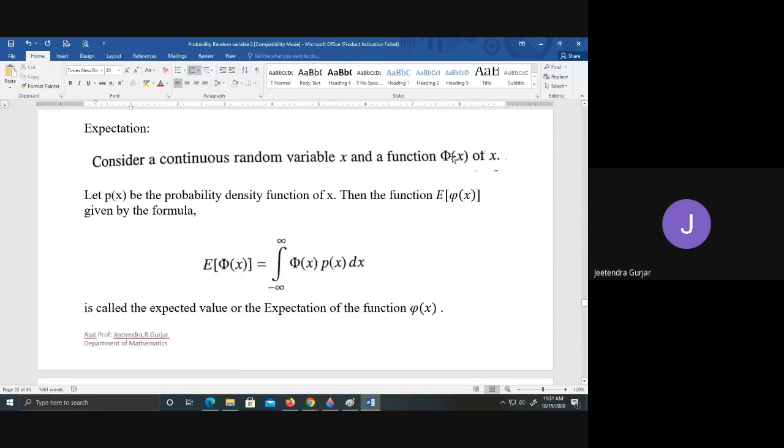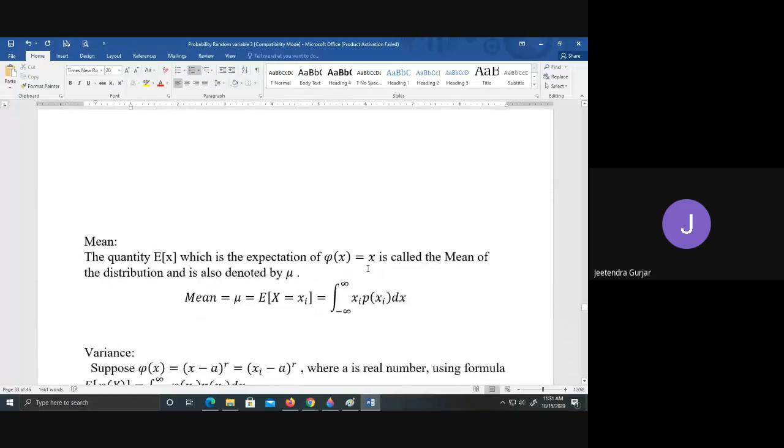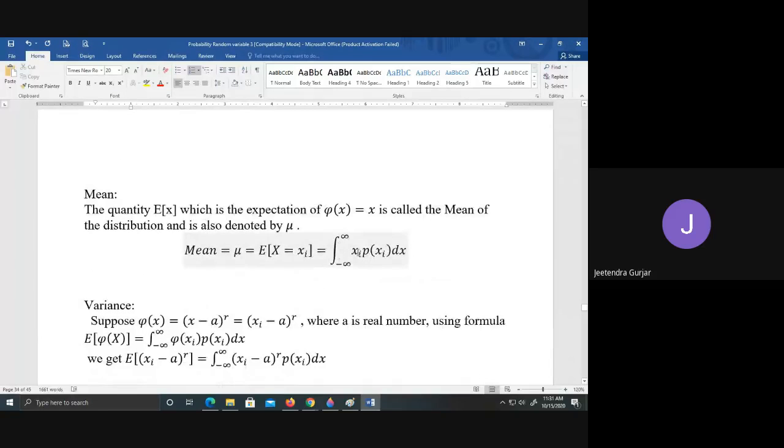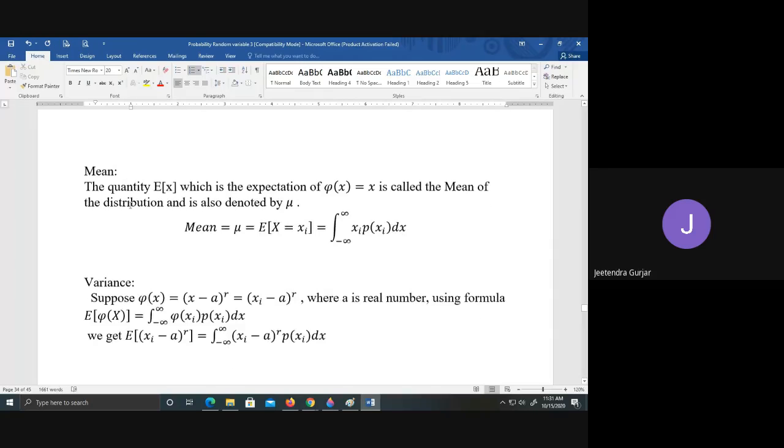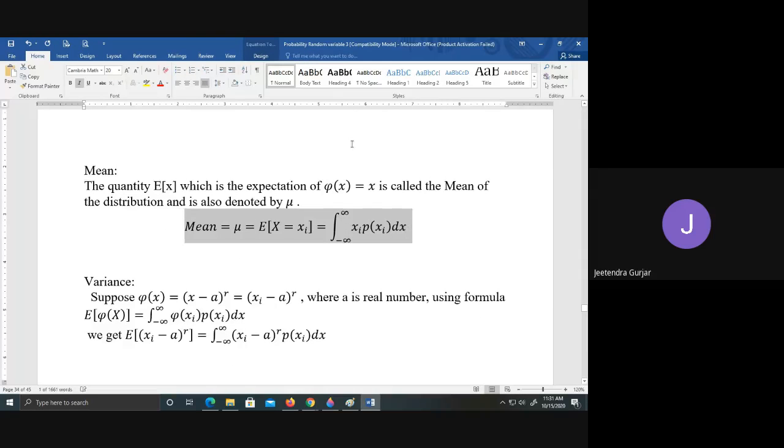Just remember, phi of x is the expectation, from integration minus infinity to infinity of phi of x dx. If you substitute the values, that is our random variable xi, we get the mean for a continuous random variable. Very, very important, students. Please remember this mean, we are going to use it for the examples. The quantity e of x, the expectation, is called the mean of the distribution and is denoted by mu.